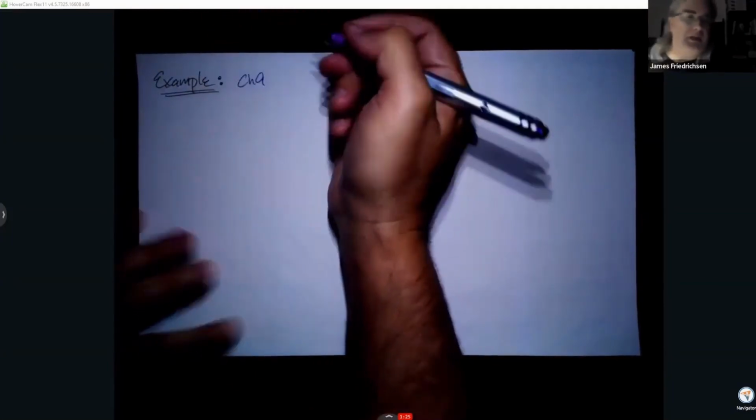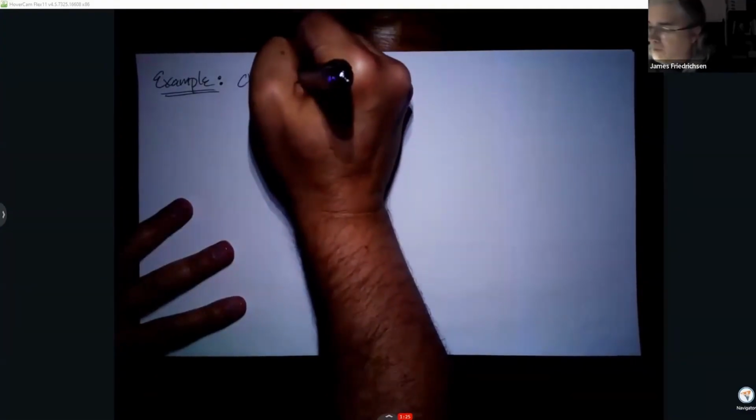Let's take a look. This will be chapter 9. I have to specify which chapter because we're doing 2 together, but really we're just in 9 at the moment. This will be number 16. It reads that it's a flywheel.